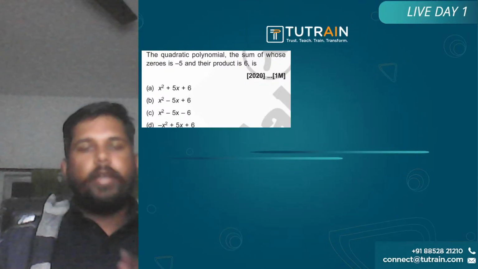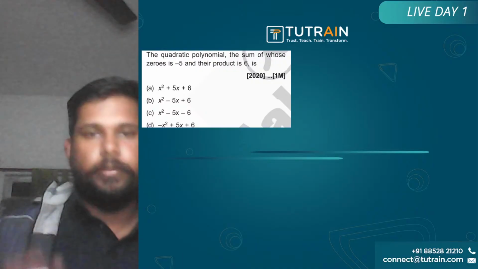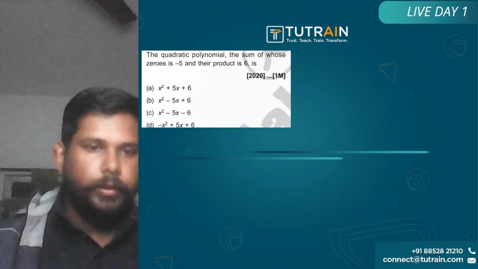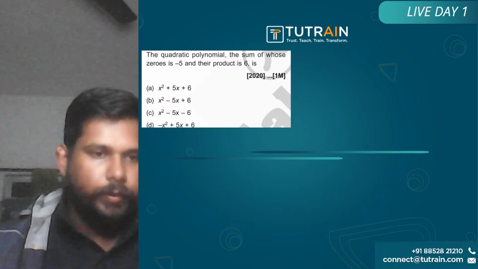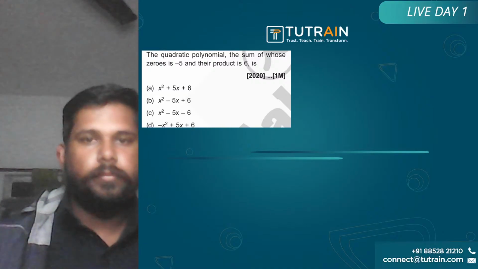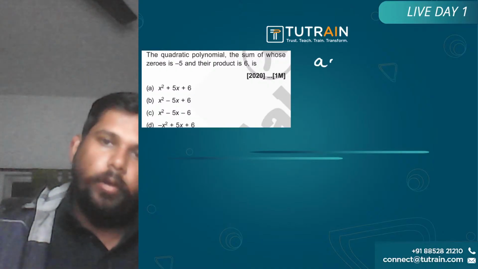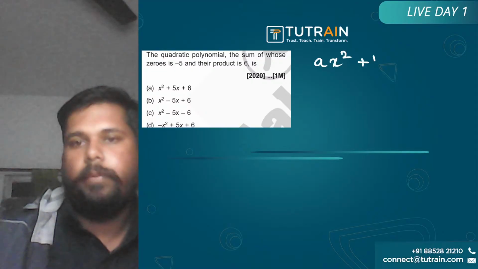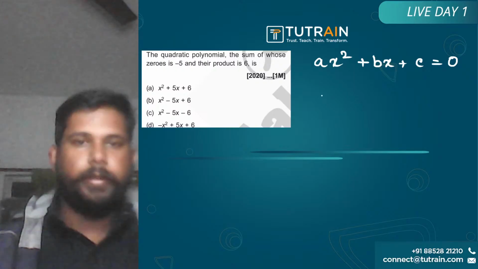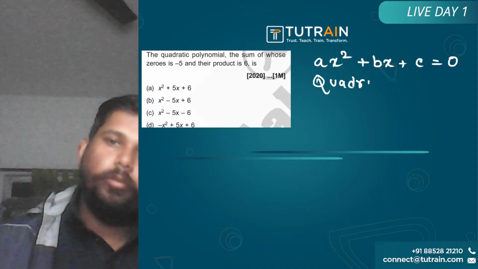Now next, the quadratic polynomial, the sum of whose zeros is minus 5 and their product is 6 is, right? So you have to find this. We have read in polynomials that if we have ax square plus bx plus c equal to 0, this is a quadratic polynomial, we all know this.